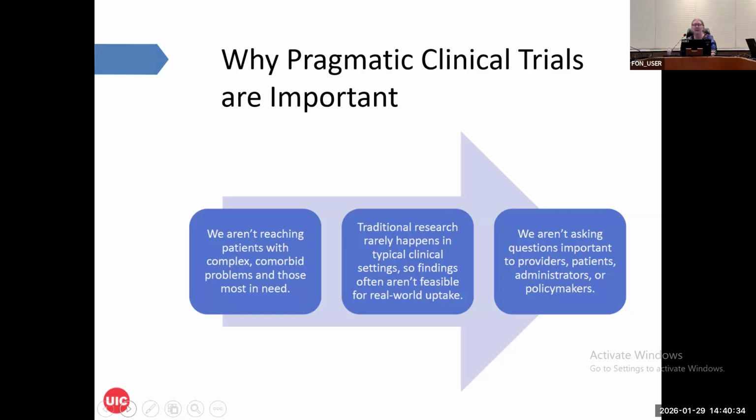Also, randomized clinical trials or traditional research rarely happen in typical clinical settings. Certainly, we recruit from a typical clinic setting, but it isn't part of normal clinical flow. So findings often aren't feasible, okay, your feasibility there, for real world uptake.